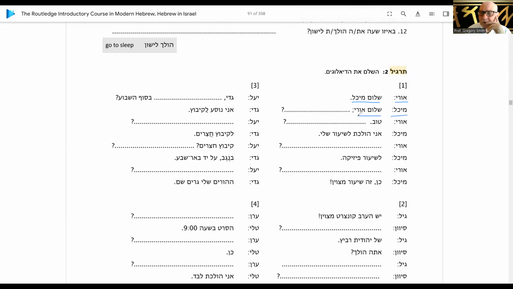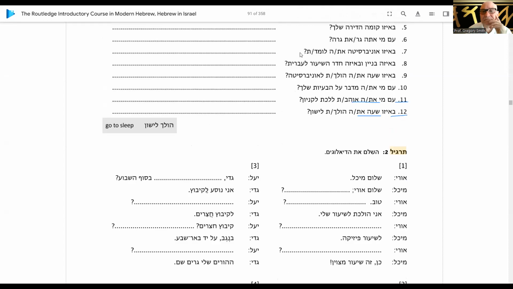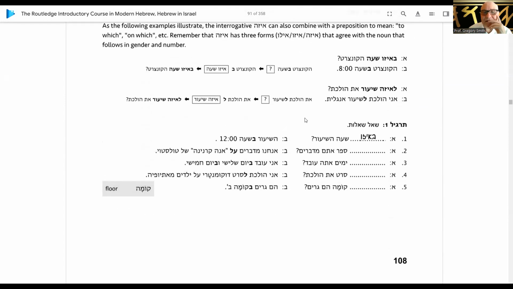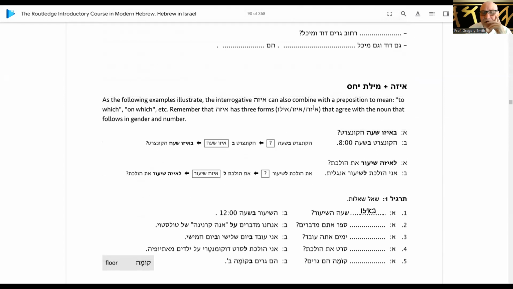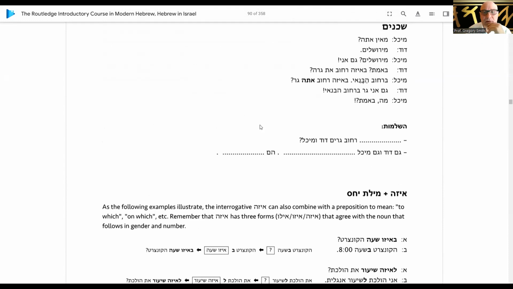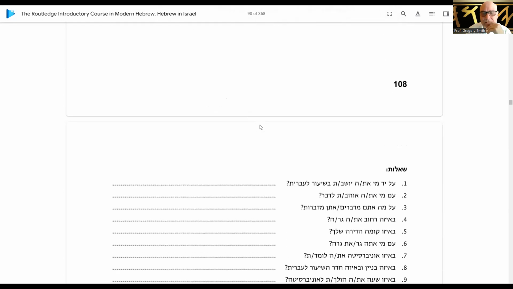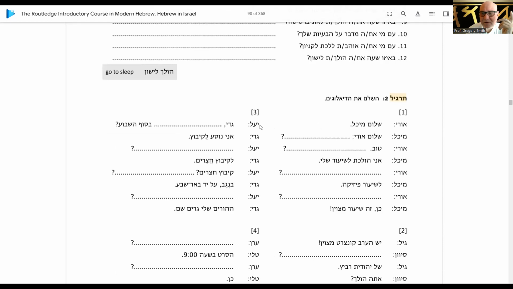Mikal says Shalom Uri. And now we have to choose something to go in here. I think what they want us to do is use one of these forms. They just want it to make grammatical sense.